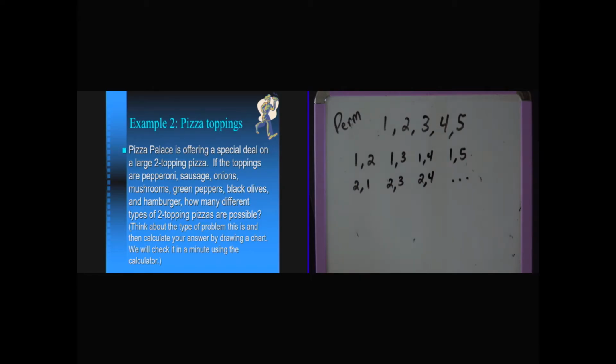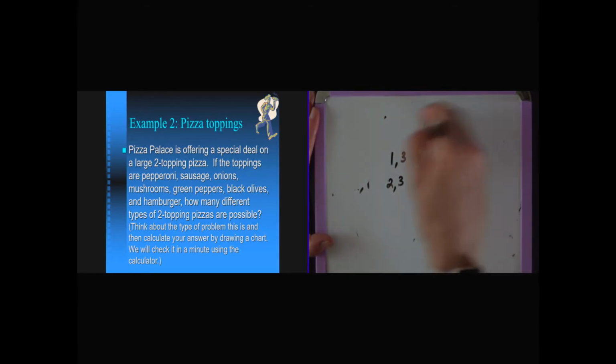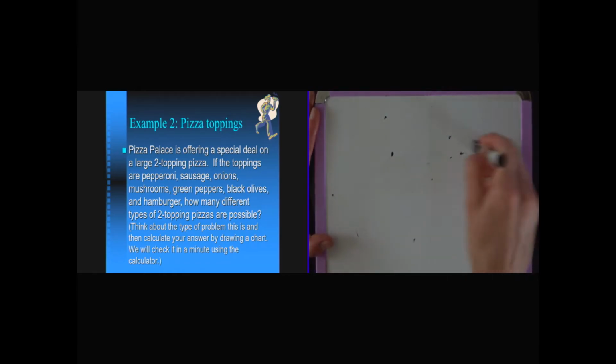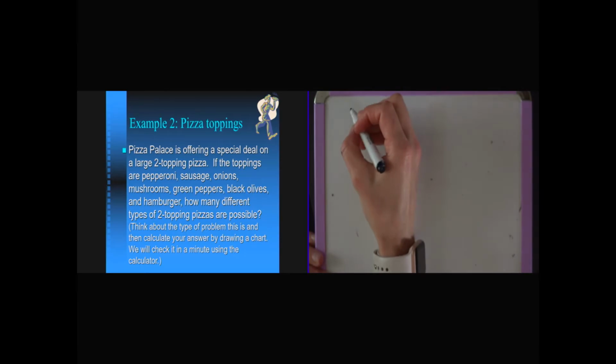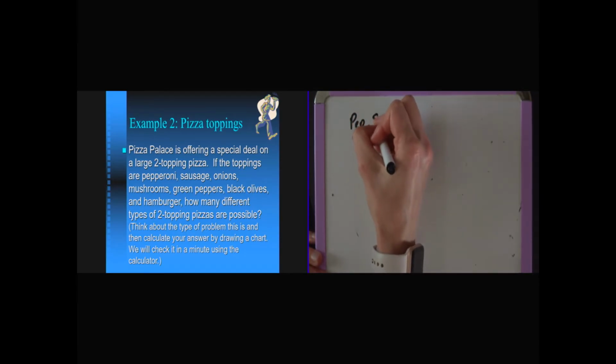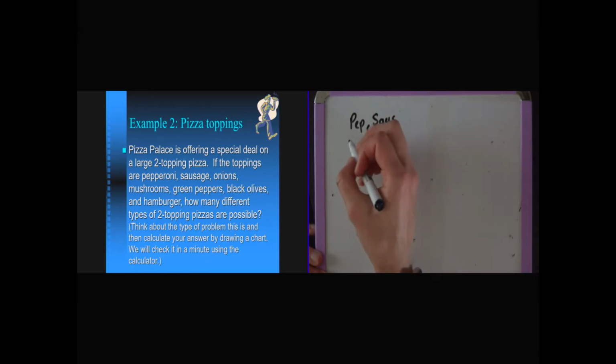Again, I could start just like I did in the other problem to find out how many different 2-topping pizzas I can make. I could start listing them out and try to keep it organized. I could have a pepperoni sausage pizza. I'm going to match up pepperoni with everything, so I can stay organized.